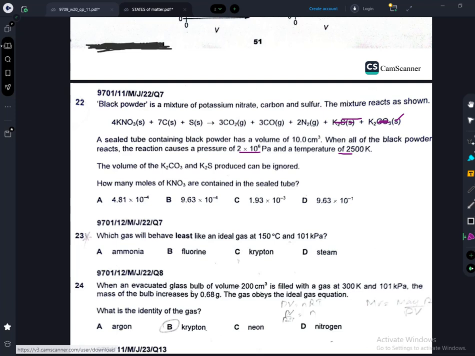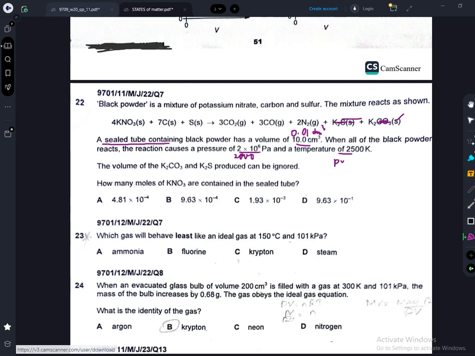This is a sealed tube, which means that the maximum volume of the gas produced must be 10 centimeter cube, which is 10 divided by 1000. I always prefer decimeter cube: 0.01 decimeter cube, and 2 times 10 to the power 6 divided by 10 to the power 3, and this is 2000 Pascal.